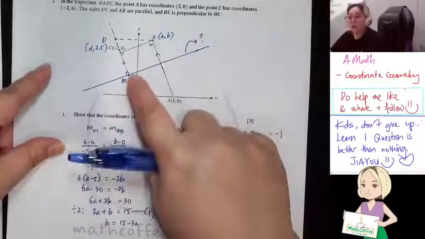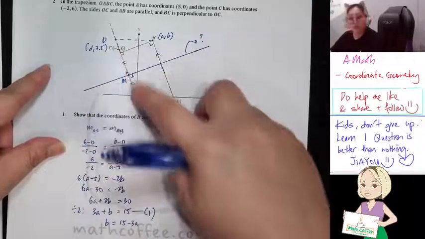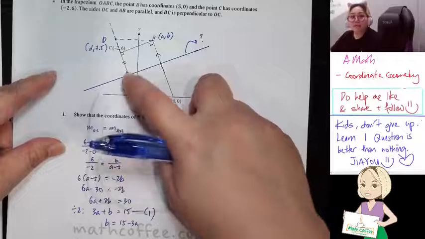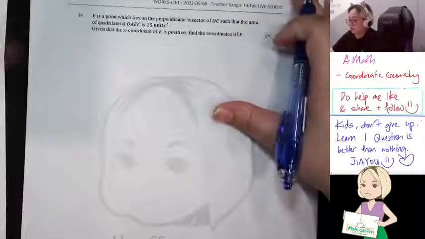But I know point M is on this line, and this point M is the midpoint of OC. So it means that I need to find the midpoint of OC first. So let's find the midpoint of OC.